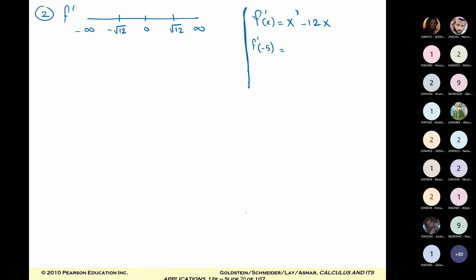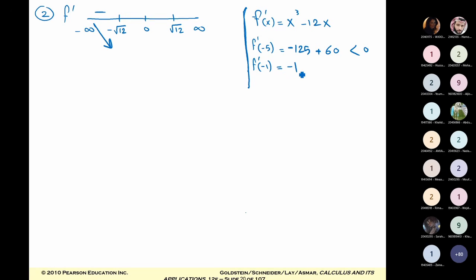Negative 5: negative 125 minus 5 multiply 12, so this is negative, negative and down. Okay, substitute negative 1.